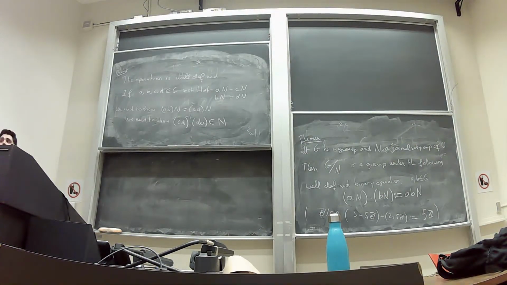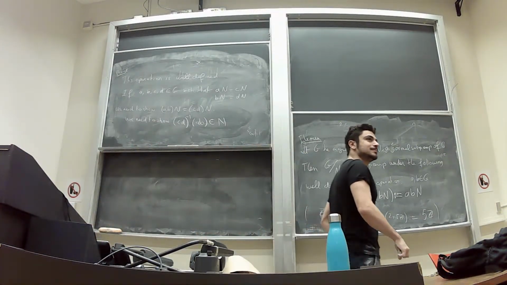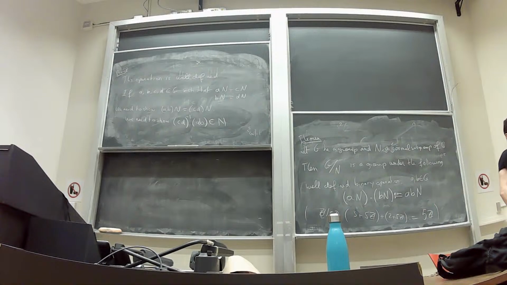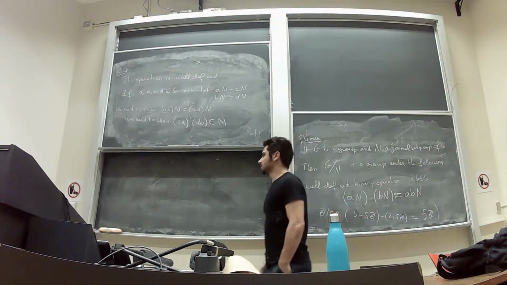Great. Now, how do I show that? I have that aN is equal to cN and bN is equal to dN. What does aN equal to cN mean?